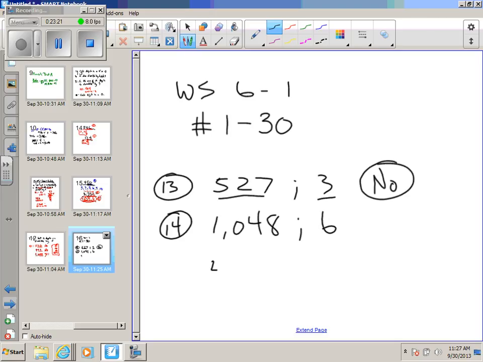Now what's the sum of the digits? 1 plus 0 plus 4 is 5. Plus 8 is 13. Is 13 divisible by 3? No. So is this divisible by 6? No. Divisible by 2, but it was not divisible by 3. All right, any questions there? Anything so far on 1 through 24?